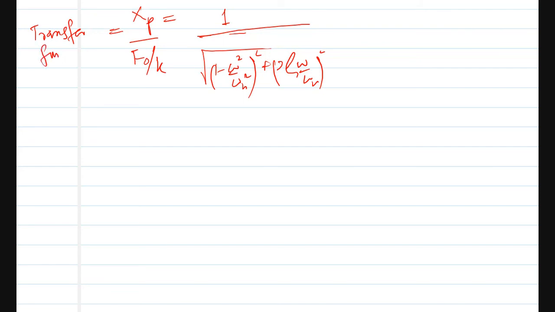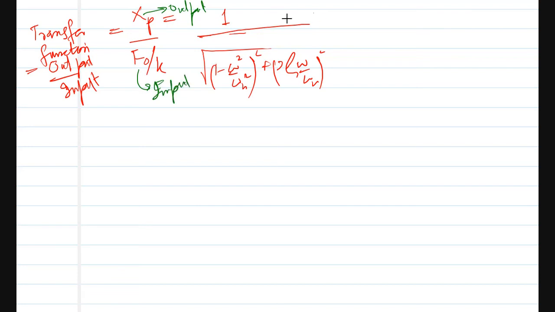And what is the transfer function? It's nothing but the ratio of output over input. So if you see xp of t, this is your output because it's the amplitude of vibration because of input, which is force. So this is your input.